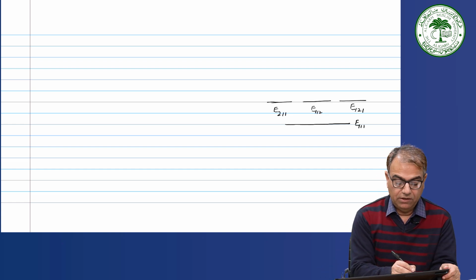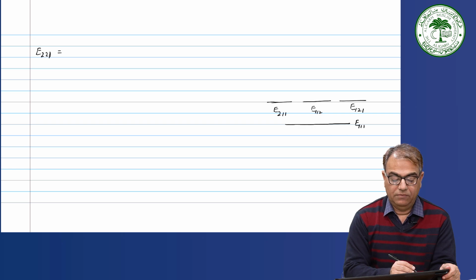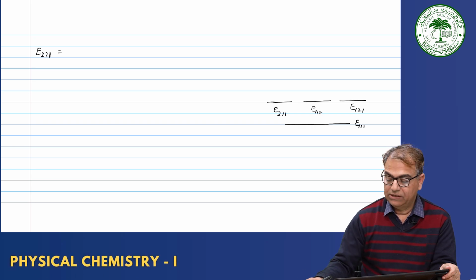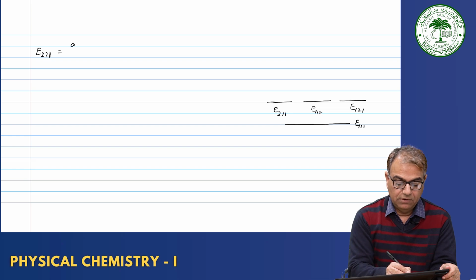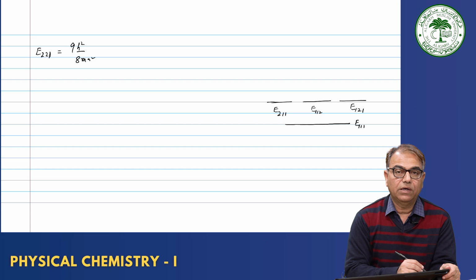If you calculate E221, then what is the energy? You just look at these values: 2 and 2, so 4 plus 4 plus 1, 9, so it will be 9h² divided by 8ma².